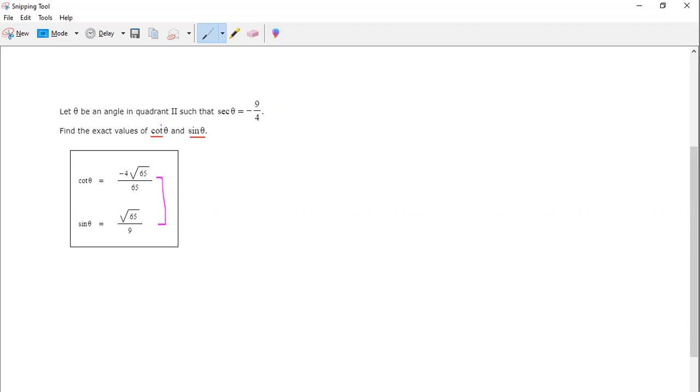So we're told first that theta is an angle in quadrant 2, such that the secant of theta is equal to -9/4. So really we're given information regarding where this angle is. It's in fact going to be in quadrant 2.